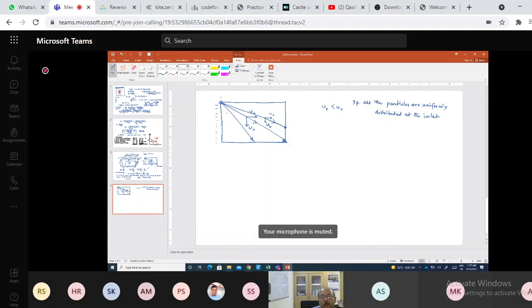All those particles, if this particle is here, and here and here, will have the same slope.